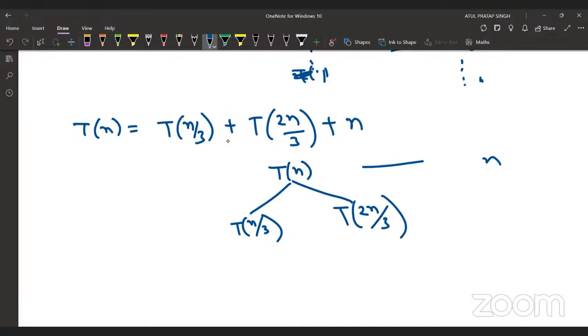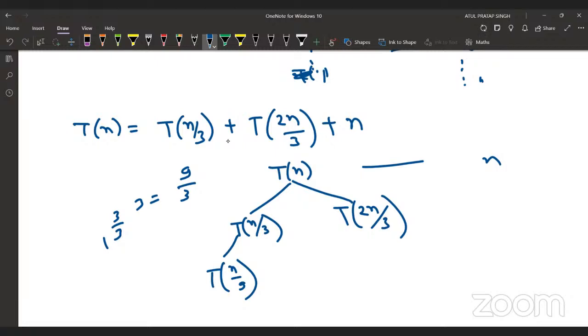For example, if we start from 9 elements, this part will complete first. n by 3 becomes 3, and then 3 by 3 becomes 1, so it completes at this level. But this other part will finish late.